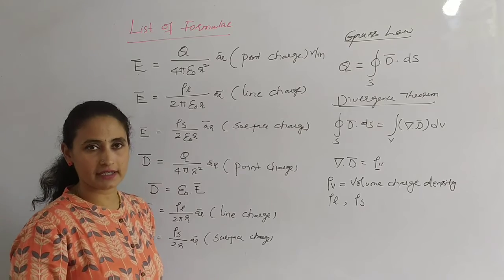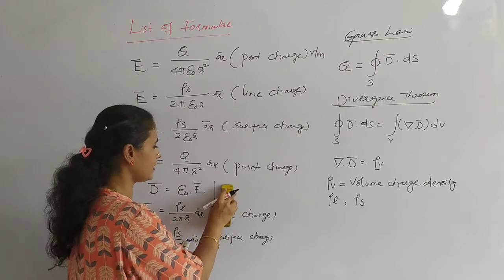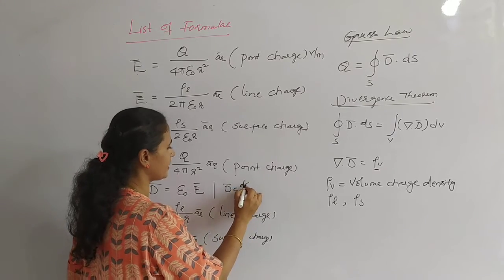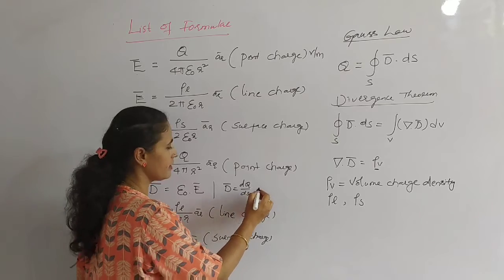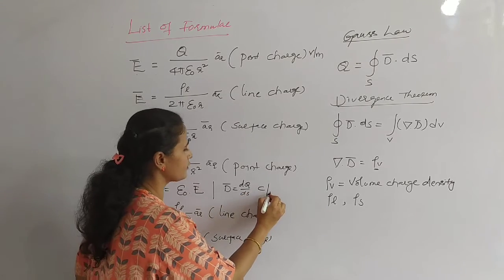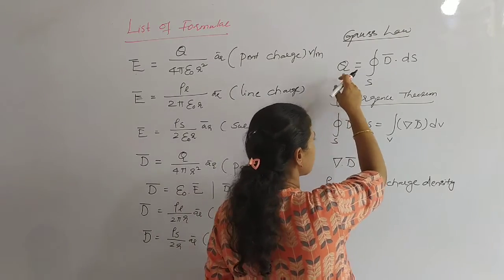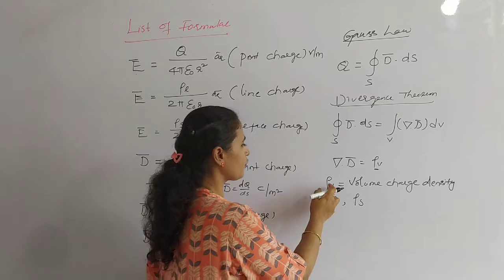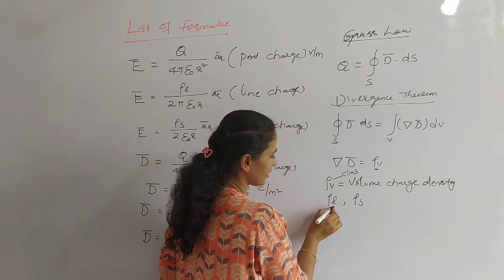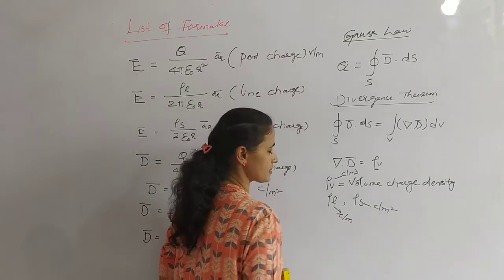Electric flux density D bar is given by dQ by dS, total charge by total surface area, so its unit is coulomb per meter square. Charge is in coulombs, rho V is coulomb per meter cube, rho L is coulomb per meter, and rho S is coulomb per meter square.